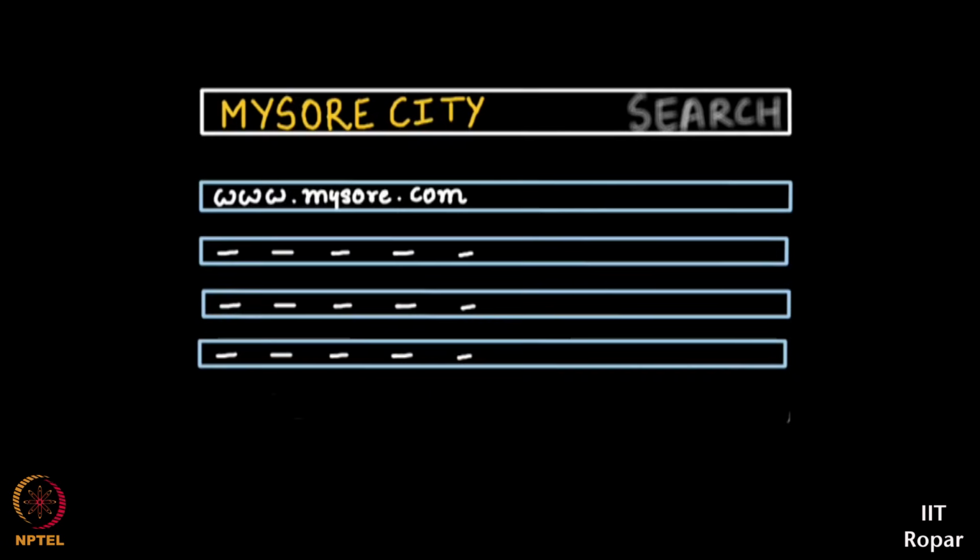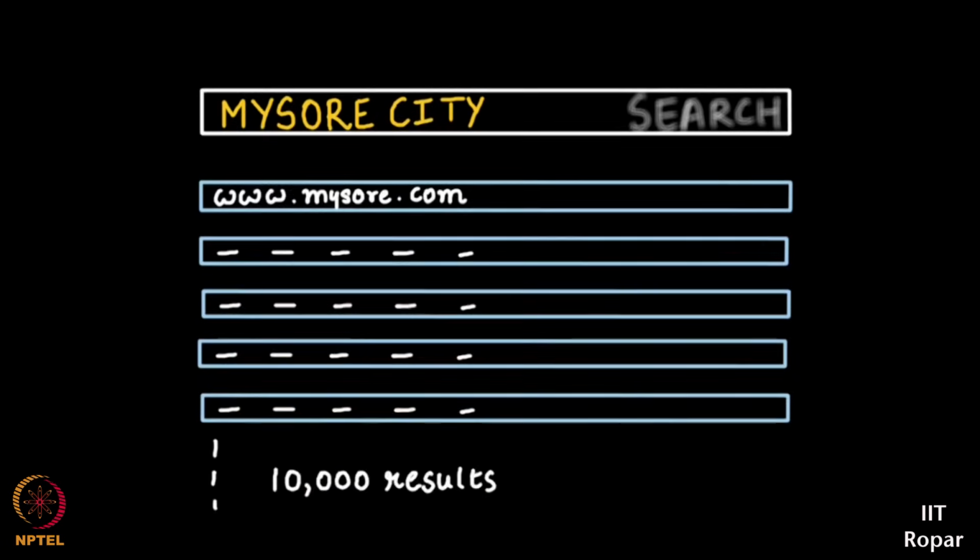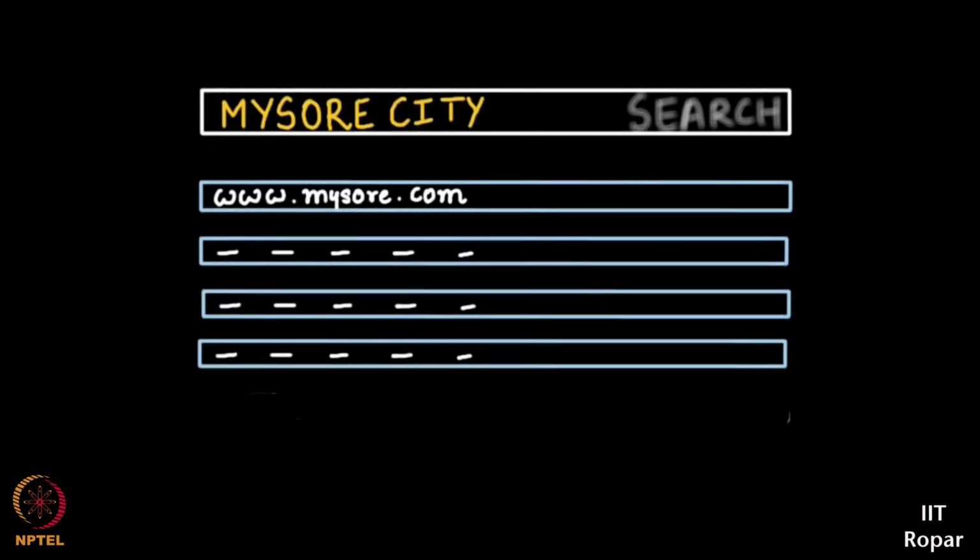You may want to get that straight. Let me repeat. So when you type Mysore, there are 10,000 hits, 10,000 sites which have Mysore in it. But then Google will fetch the top few sites to you. How does it know what are the top few sites? Top few sites based on the points accumulated because of the random walk.